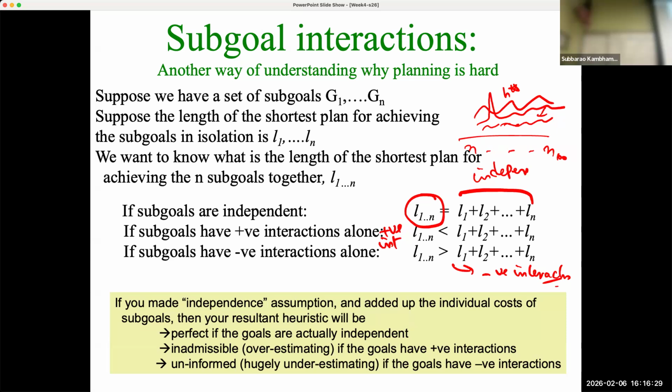I was just wondering, we talked about how if there were n variables, there are 2 to the power of n states, and then 2 to the power of n belief states. Is there no relevance to that and the infinity here? No, the infinity here is something different. The infinity here essentially says that you can achieve G1, you can achieve G2, but you can't achieve G1 and G2.